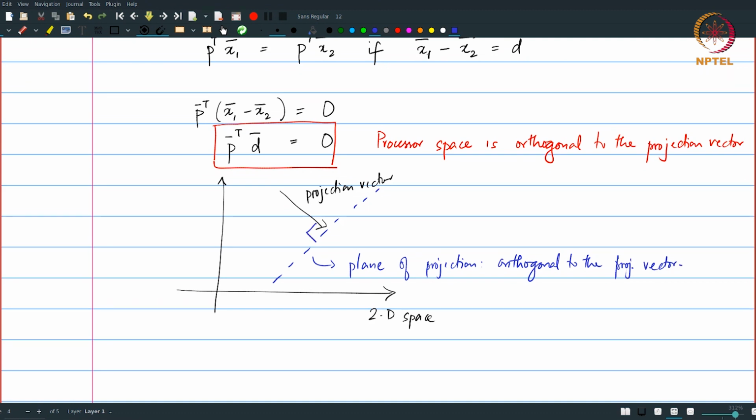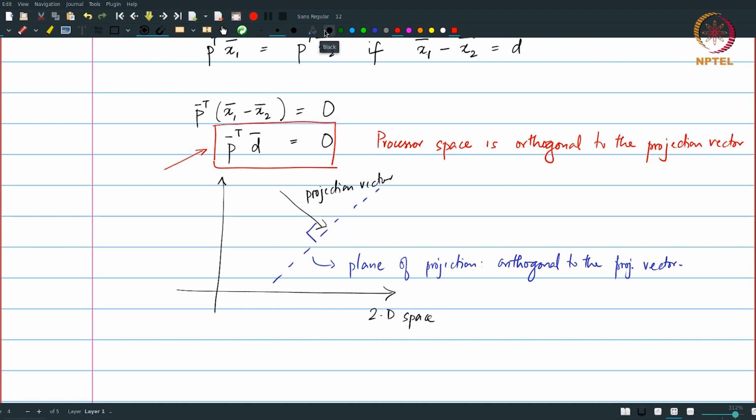This is a simple way of visualizing what exactly is implied by the term projection vector as well as the processor space. As far as we are concerned, the important point is this particular property, which states that the processor space is orthogonal to the projection vector. P transpose D must be equal to 0.